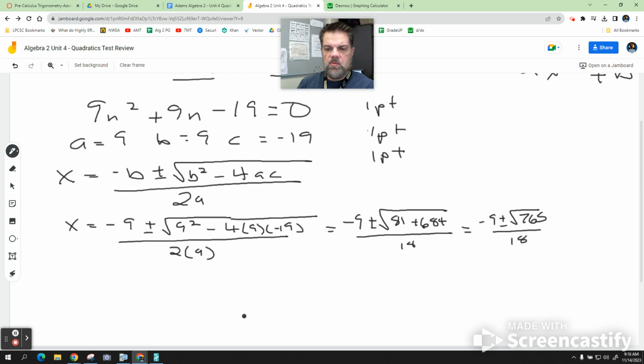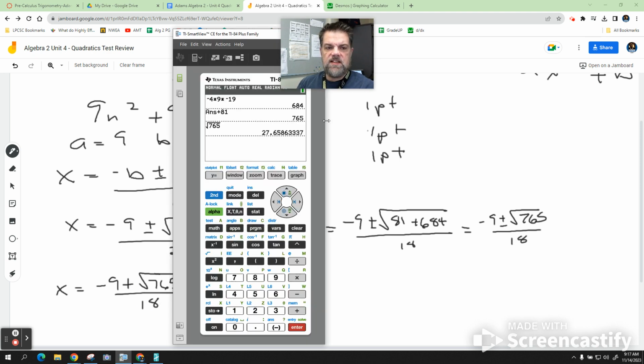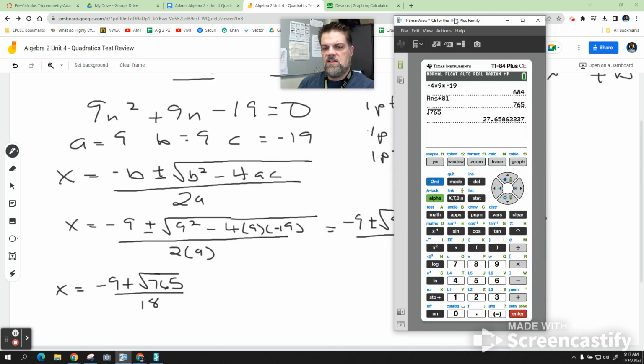Now, the problem is I get this crazy decimal. So I'm going to separate that. I'm going to say negative 9 plus the square root of 765 all over 18. And you could do that in one swoop on the calculator. This is the easiest way because I don't want to type out this decimal for everything.